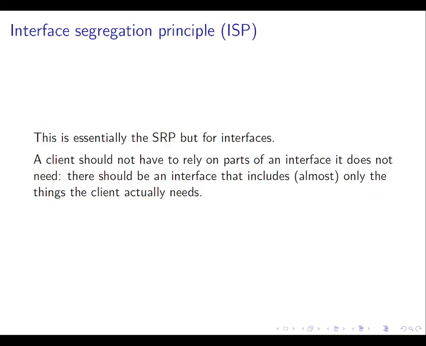Okay. The interface segregation principle is essentially the same as the single responsibility principle, but for interfaces, and I surmise that the only reason it's here separately is because it's quite convenient to have an I in the acronym. At least that's a reasonable mnemonic, a way for you to remember what the ISP is. Essentially we're saying the client should not have to rely on parts of an interface that it doesn't need.